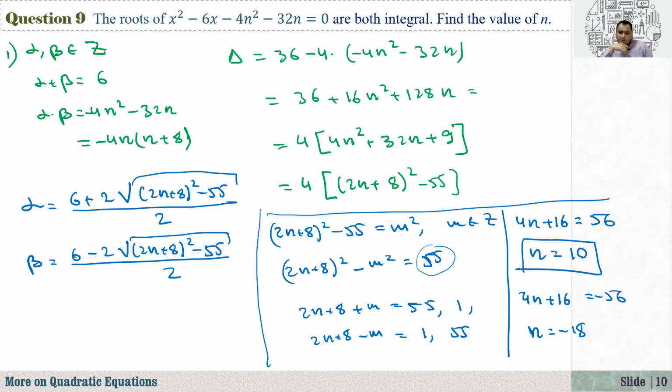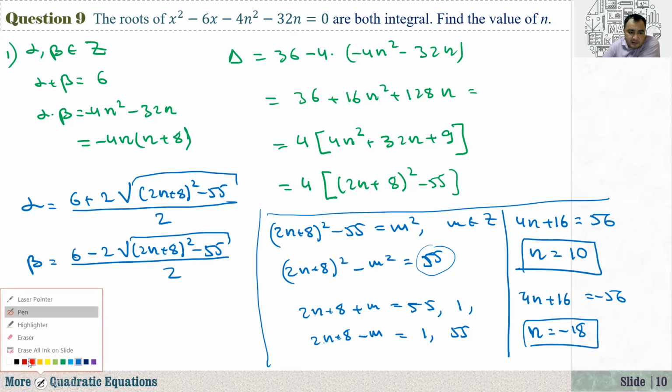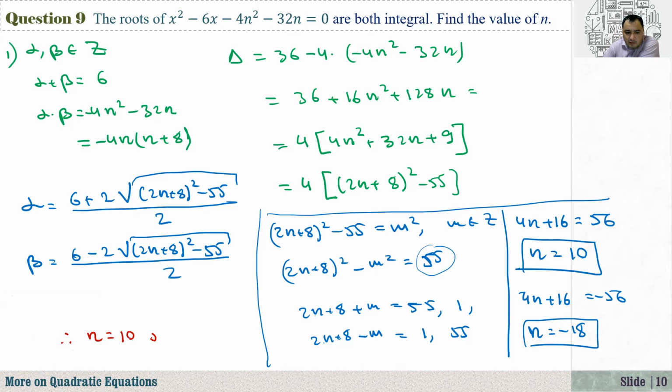Minus 36, minus 36 plus 8 is minus 28, and 28 squared minus 55, the same thing. So we have two possible answers now: n is equal to 10 or n is equal to minus 18.